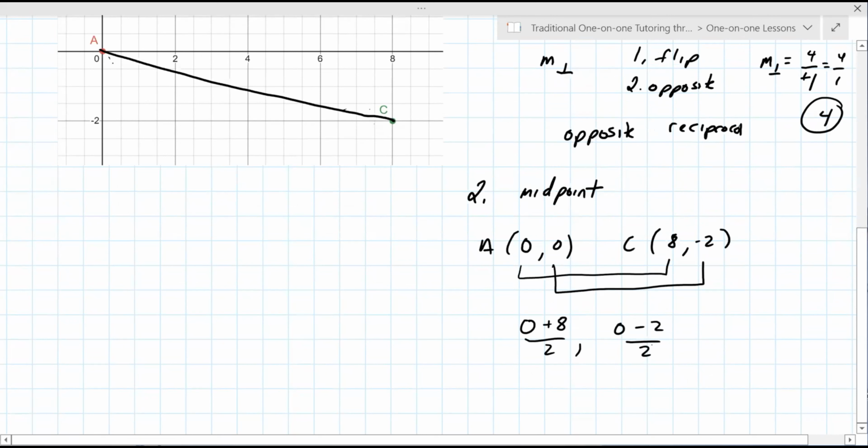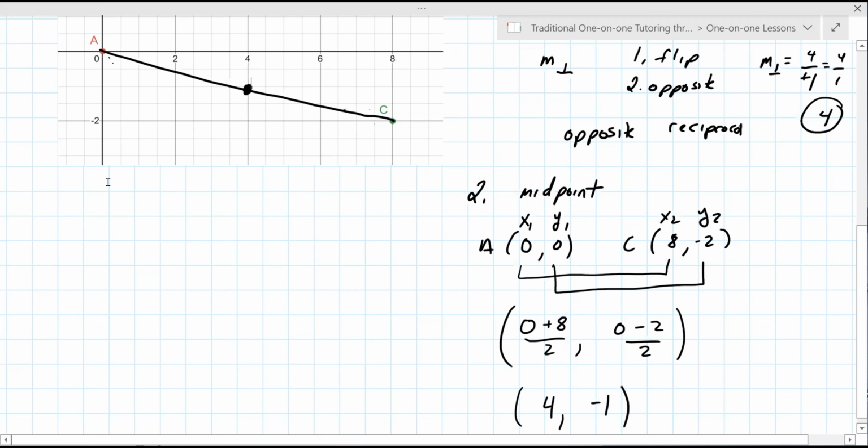You really want to do it as the average, because it's kind of easier than thinking about the formula. So the first ordered pair is 8 over 2, that's 4. -2 over 2 is -1. And you can see that's roughly that point right there.